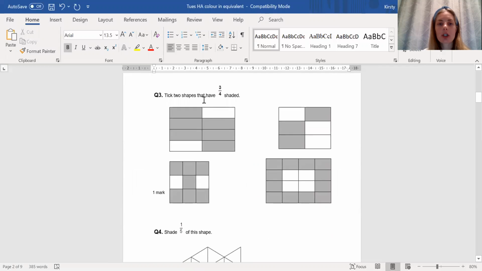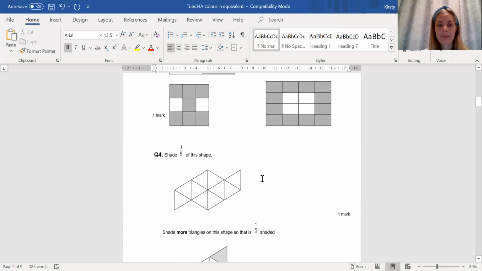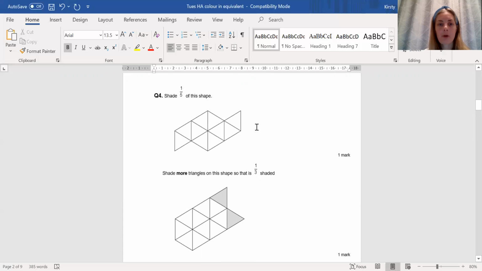Right, this one, tick 2 shapes that have 3/4 shaded. So again, write the fraction equals 3/4, and then see if you can figure out if it is an equivalent fraction. And the same with all of them. Right, question number 4.